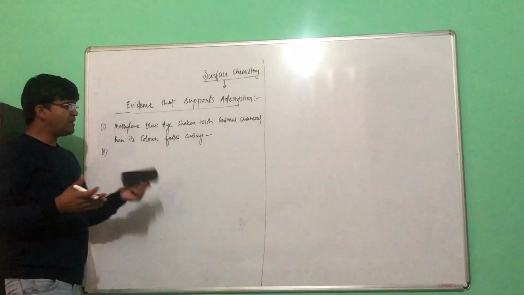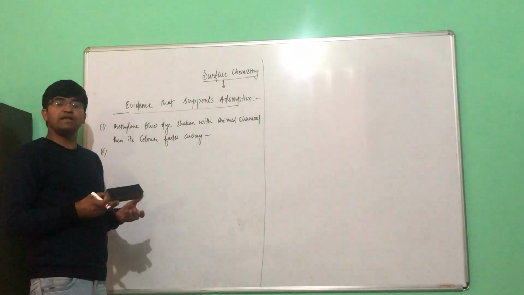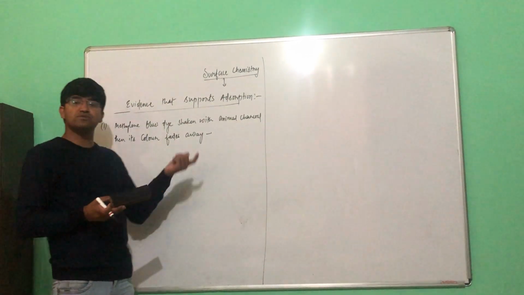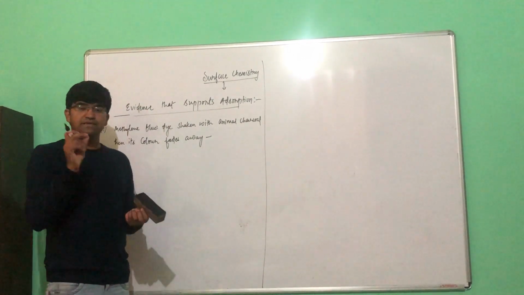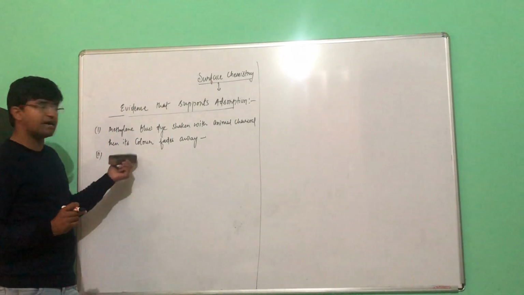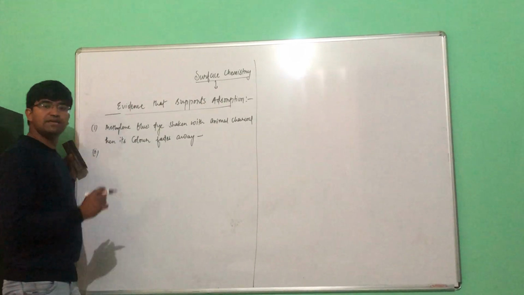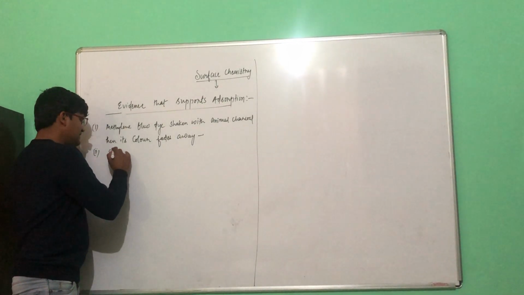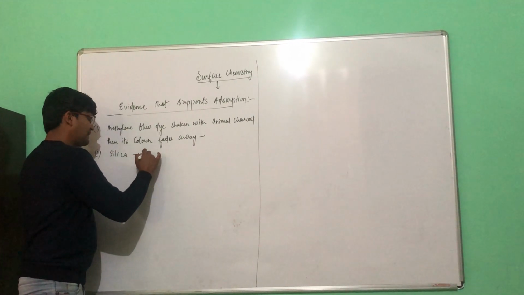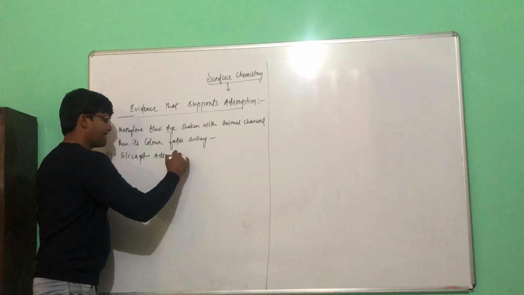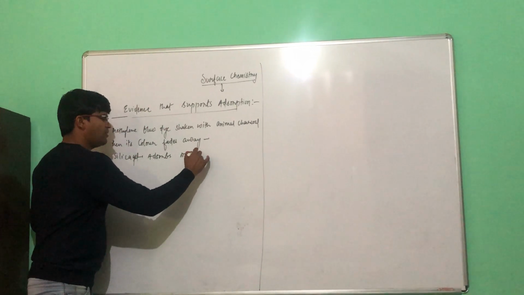For example, in our day-to-day life, when we purchase items such as electronic items, shoes or bags, some small ball-like materials are kept in them. Those balls are silica gel. Silica gel adsorbs moisture.